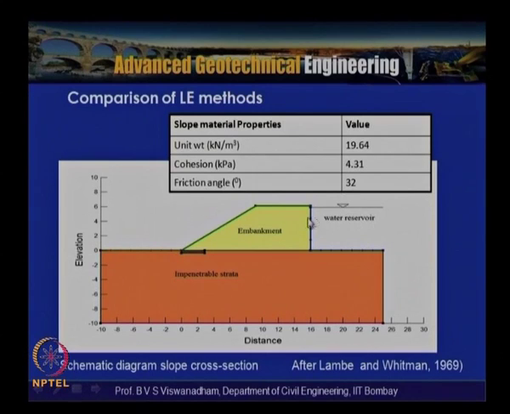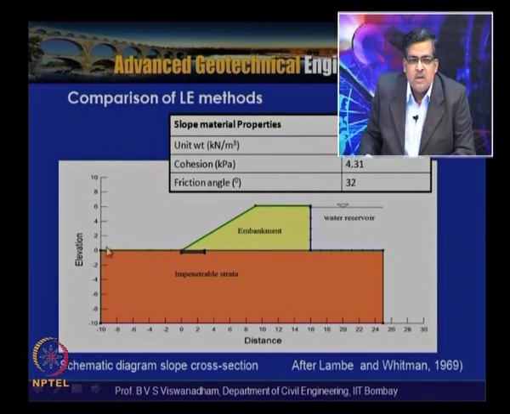It is subjected to a water head, and the slope height is about 6 meters. You can see that the horizontal distance is 8 meters and the vertical height is 6 meters.